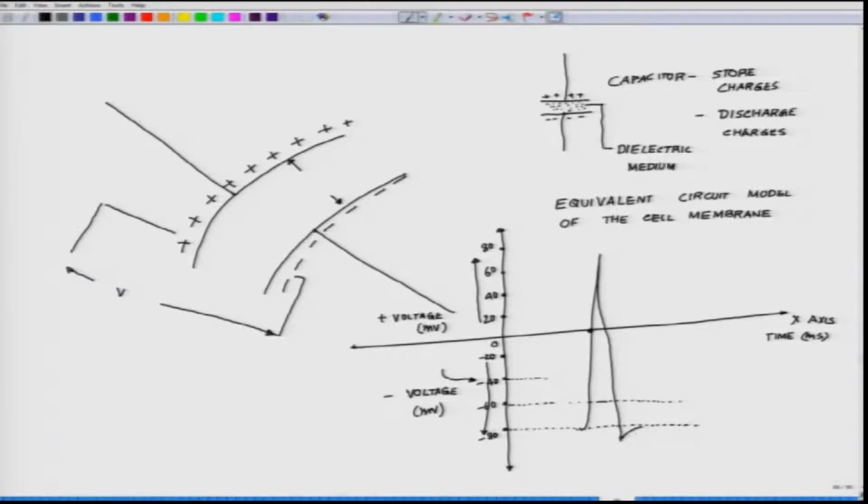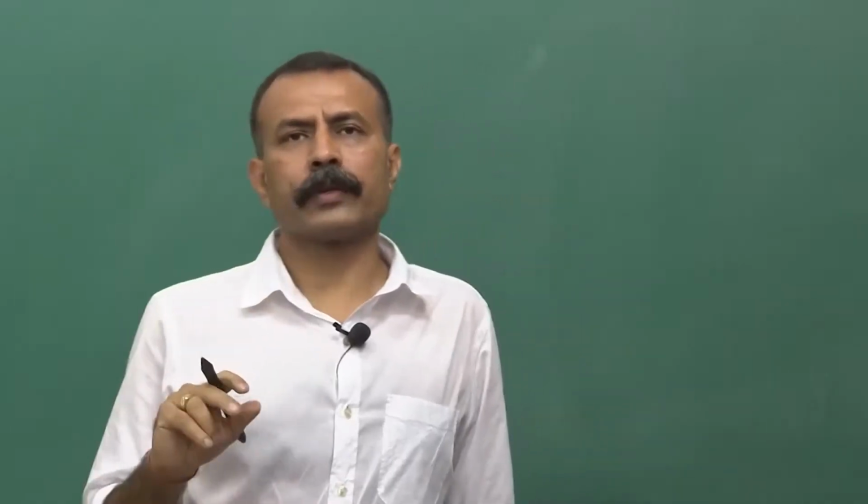So, here just before I get further, cells remain in a polarized state. This is a word which you will come across in any neurobiology or neurophysiology text. The cells are polarized.